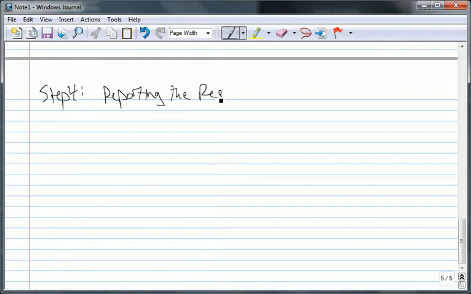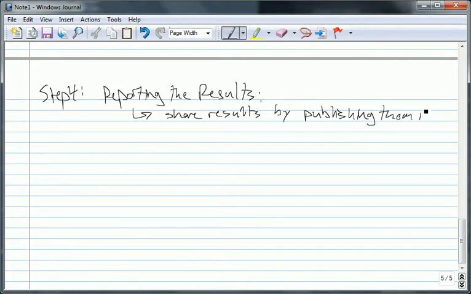It is very important that you share your results with people. There are several ways that we do this. We share results by publishing them in scientific journals.